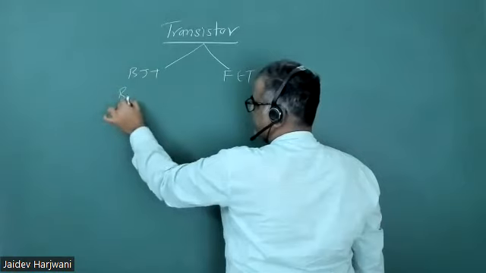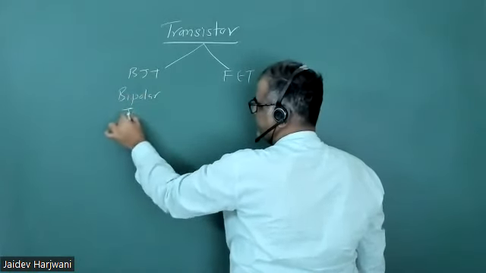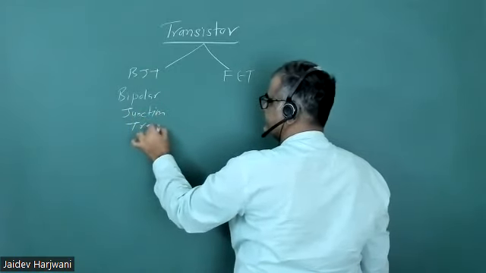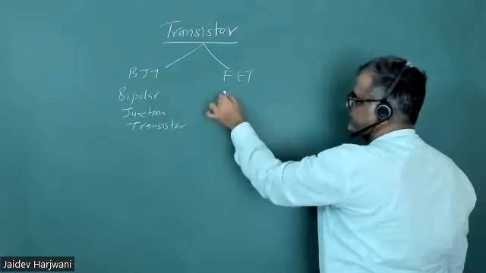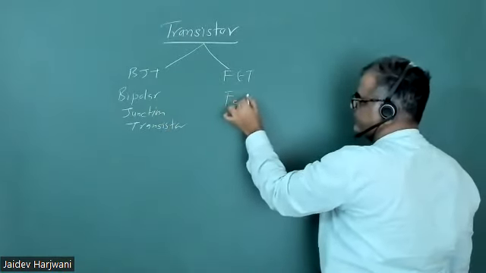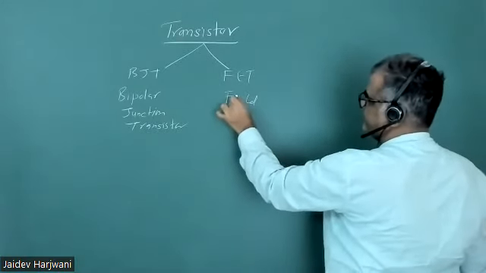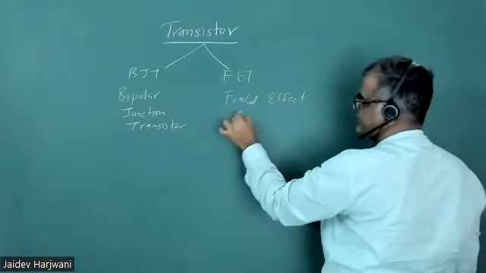BJT is your bipolar junction transistor, and FET is your field effect transistor.